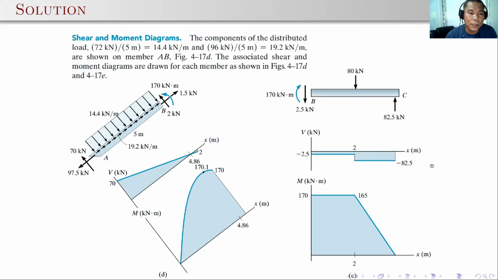Then you can now draw the shear and moment diagram of its segment. You can just follow the procedure that I have presented earlier, or what we have done in drawing the shear and moment diagram in beams. But of course, you just have to follow the orientation of the member so that you will not be confused with your solutions.